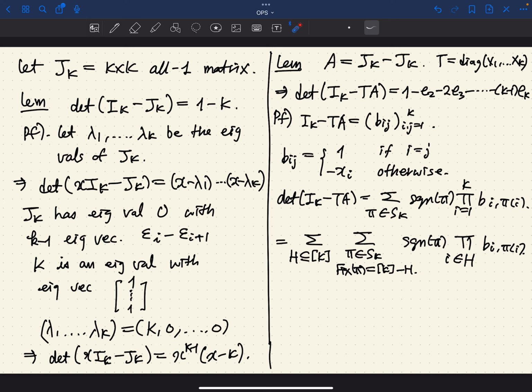But suppose we fix H. If you think about this, the integers not in H, they are all 1. They're all fixed. They don't do anything.